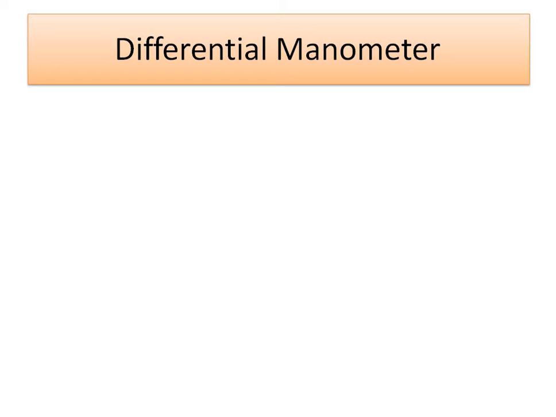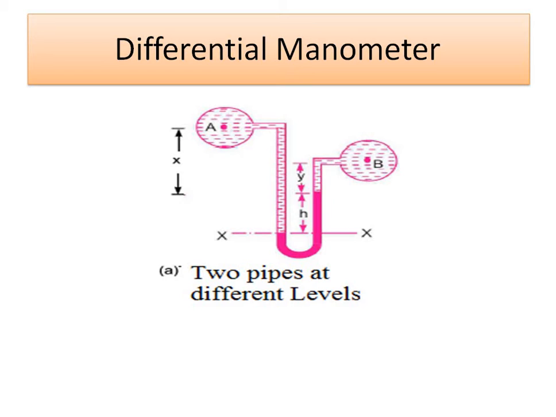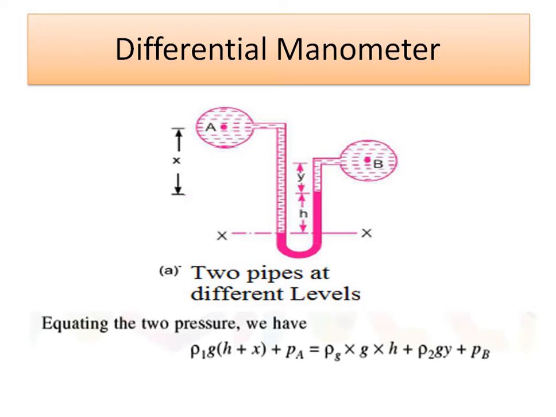Okay, so this is about a simple manometer. Now we'll consider one problem with respect to differential manometers. Suppose we want to measure the pressure difference between point A and point B containing fluid of a certain height, as shown in this figure.